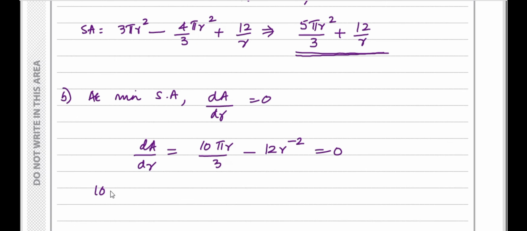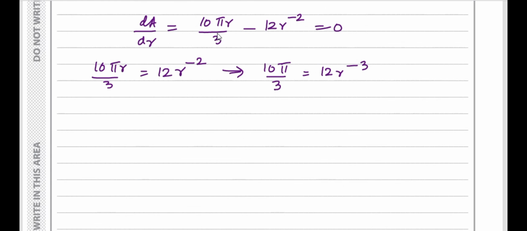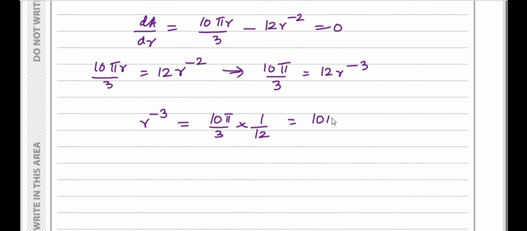Therefore, 10 pi r over 3 should be equal to 12 r to the power of minus 2, which is also equivalent to 10 pi over 3 equals 12 r to the power of minus 3. Hence, r to the power of minus 3 equals 10 pi over 3 times 1 over 12. That is equal to 10 pi over 36.